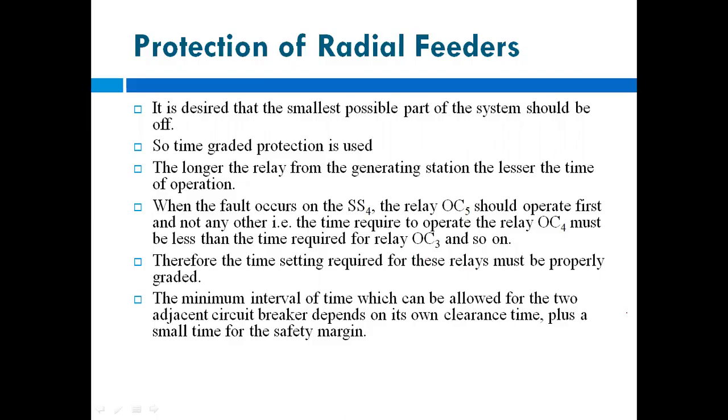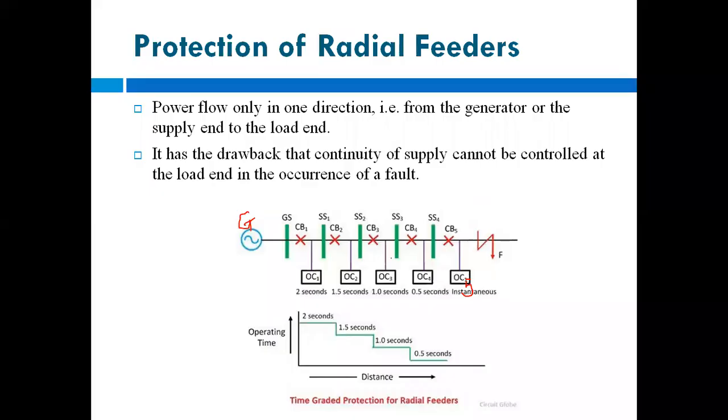As the distance from your generating station or supply system increases, the time required to operate your relay is less; at the farthest point the relay works instantaneously. Closer, the relay takes 0.5 seconds, and close to the generating station the operating time increases to 2 seconds.